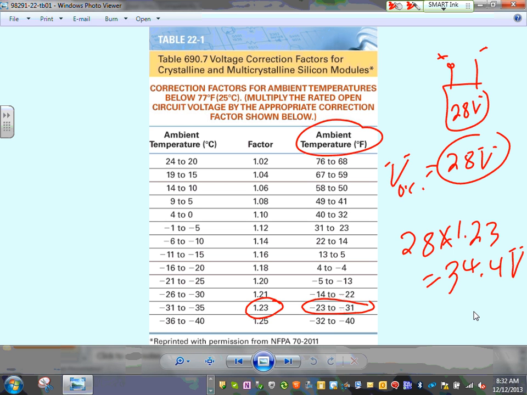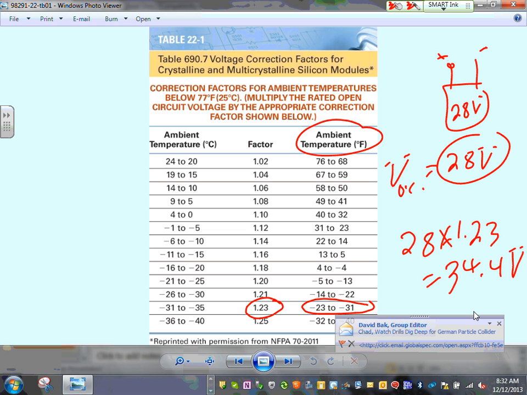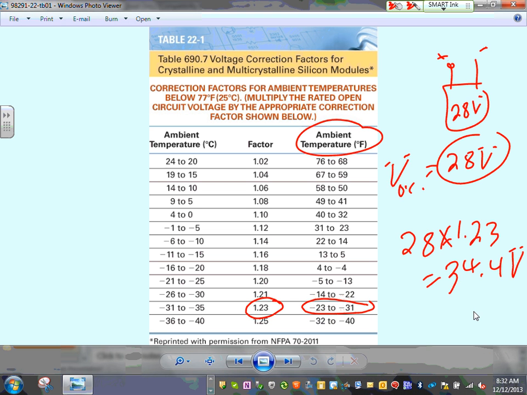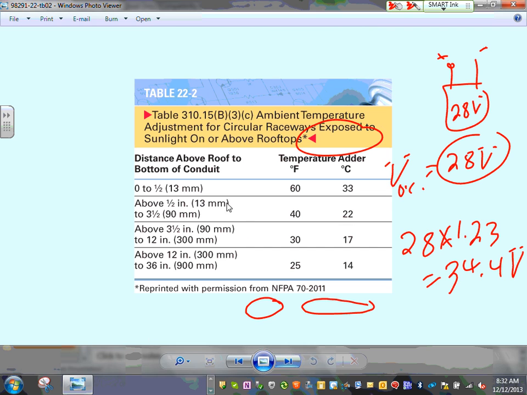Now that 28 volt, guys, is now 34 volt, because lower temperature pumps more voltage. Why do they take this into consideration? Because if you don't, you will exceed the voltage rating of your equipment, and it will become dangerous. So that's how they correct the voltage, Adam, based on the temperature for solar photovoltaic systems.